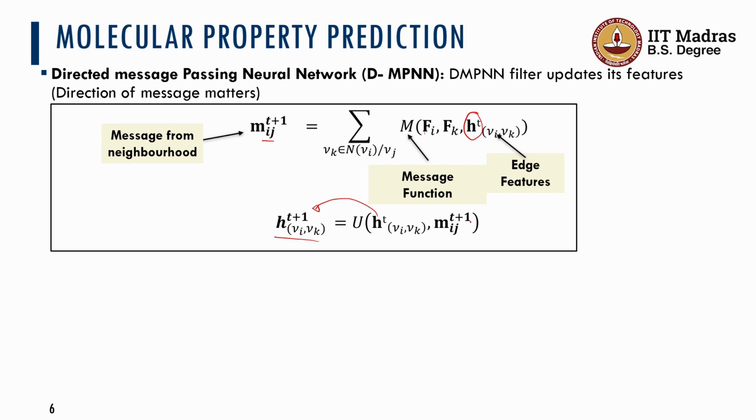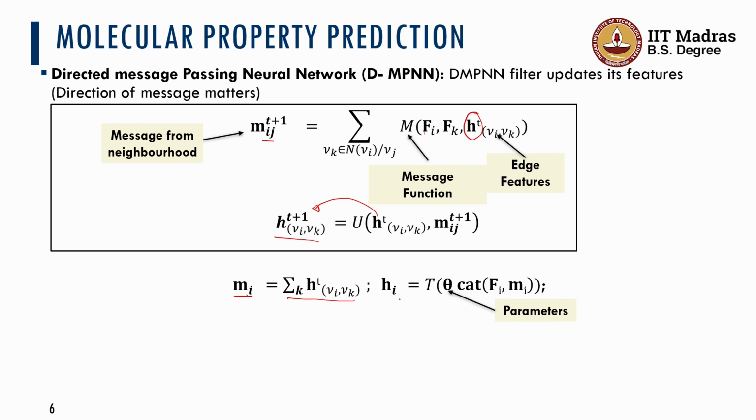And once it has it, it will create a message for the ith node by summing over all the edge features.